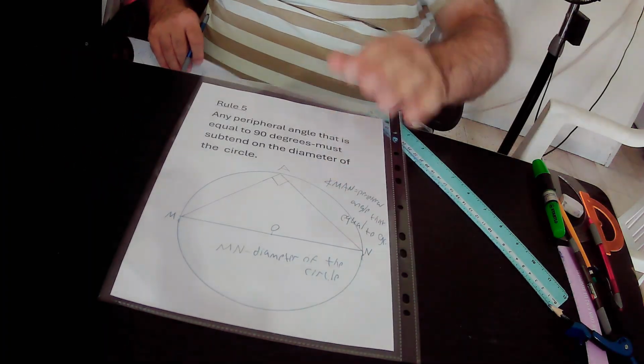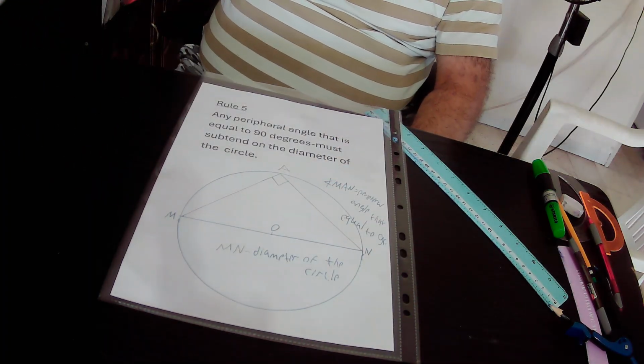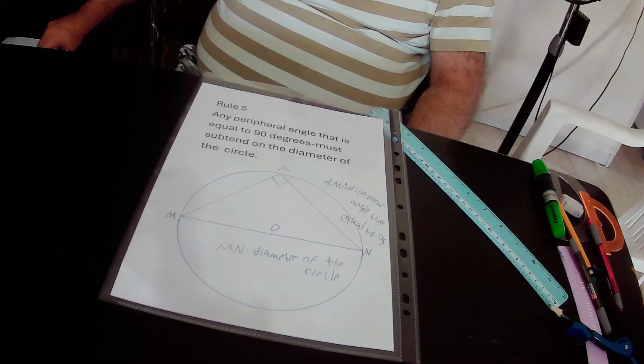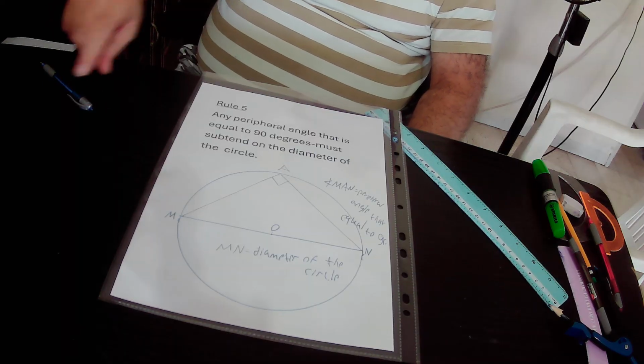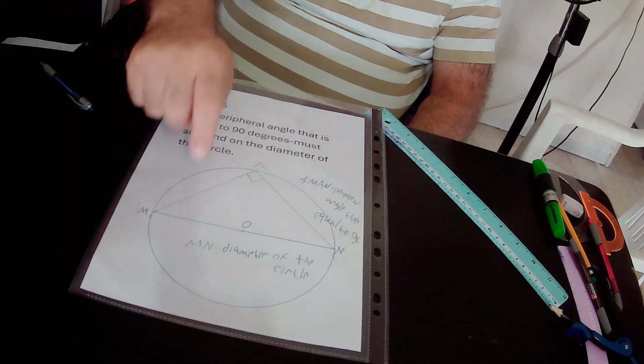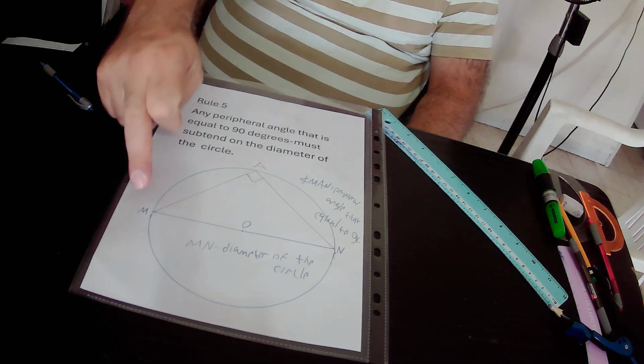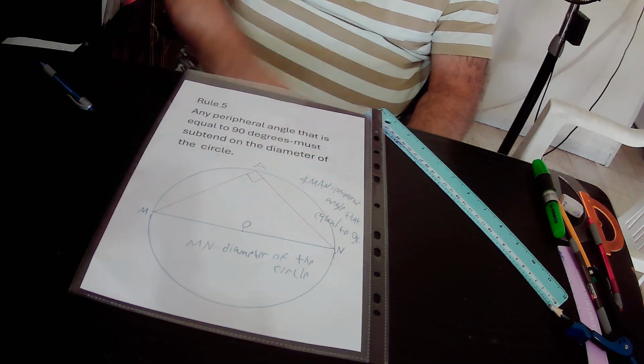According to rule 5, any peripheral angle equal to 90 degrees must subtend on the diameter of the circle. In the drawing we have a circle. This is peripheral angle MAN, which is a right angle.